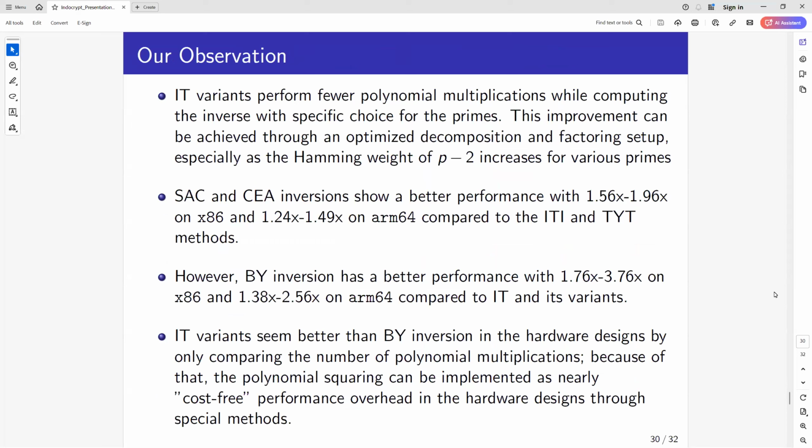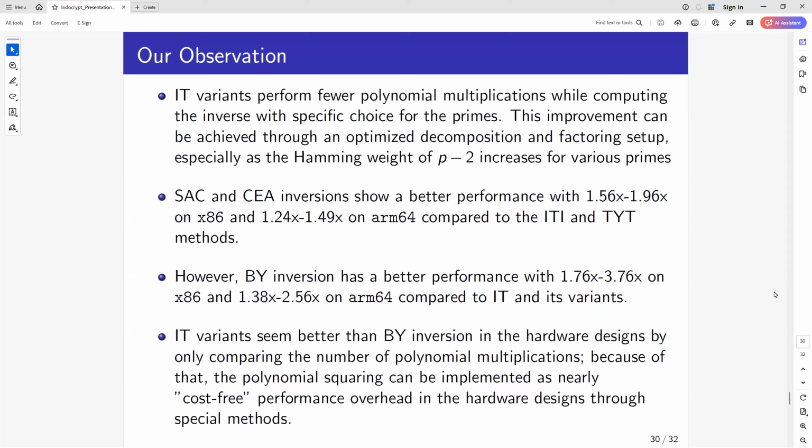We have seen in our previous table that IT variants perform fewer multiplications compared to the original IT algorithm based on FLT. And as the Hamming weight of P minus 2 increases, the performance gets better.